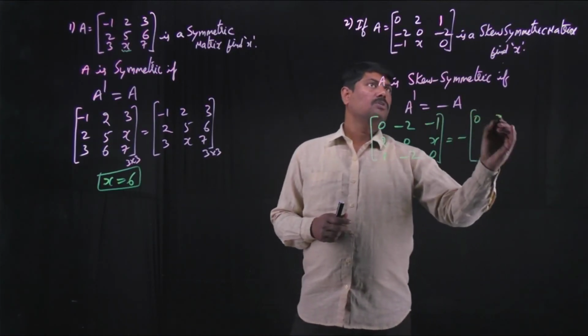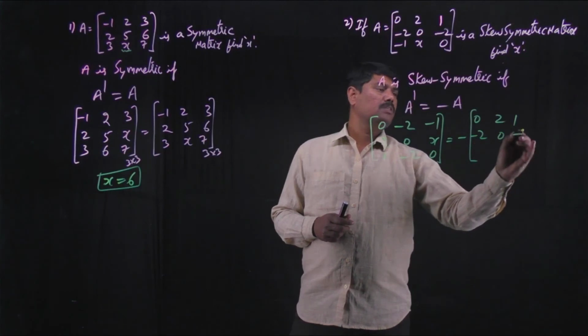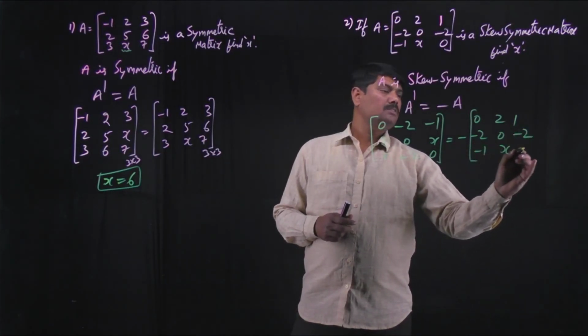Now write 0, 2, 1, minus 2, 0, minus 2, minus 1, x, 0.